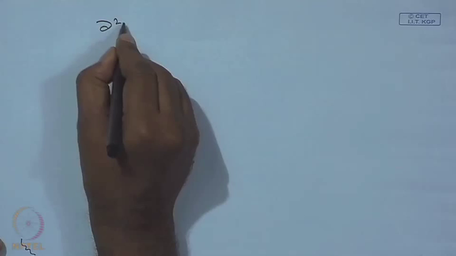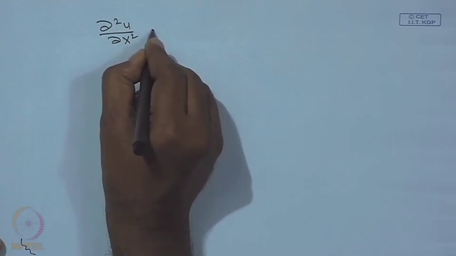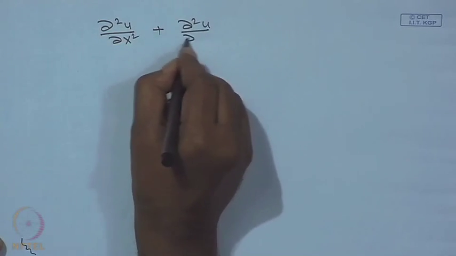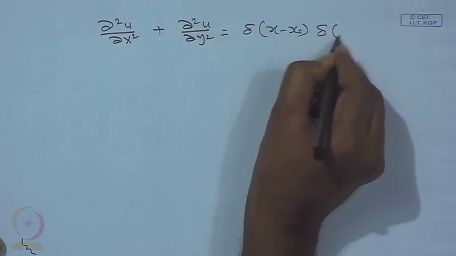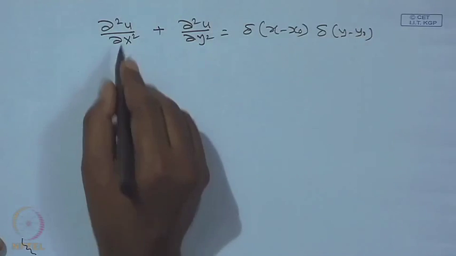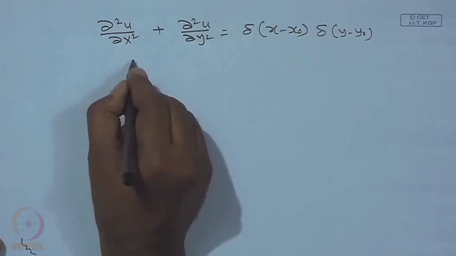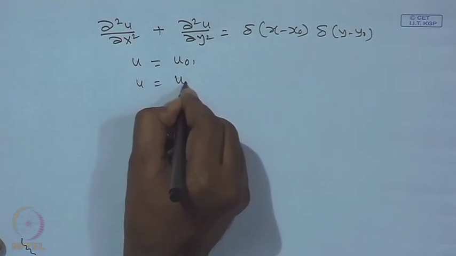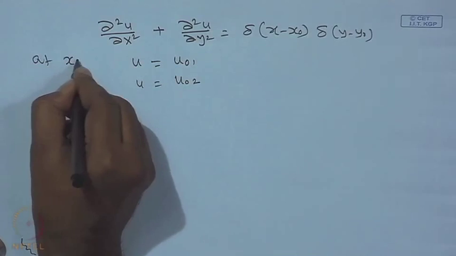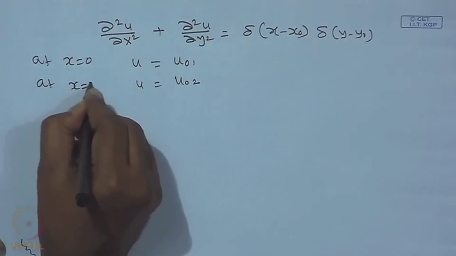If we have the problem del square u del x square plus del square u del y square is equal to delta x minus x naught delta y minus y naught, and in the actual problem we have, let us say, Dirichlet boundary condition u is equal to u01 at x is equal to 0, u is equal to u02 at x is equal to 1.